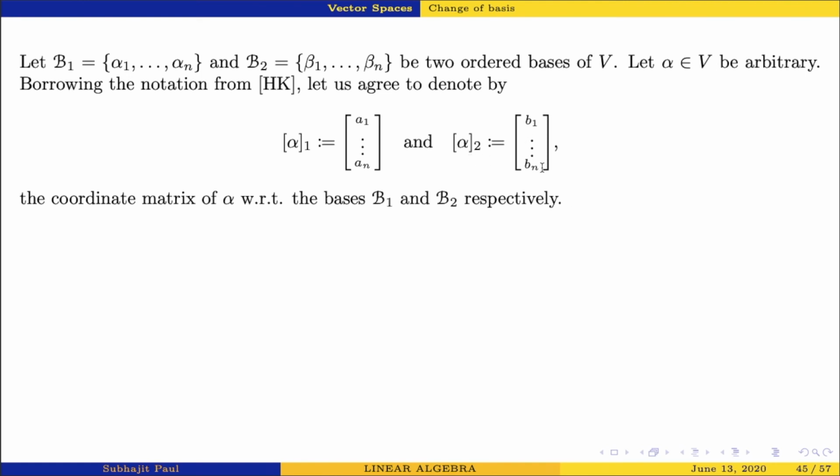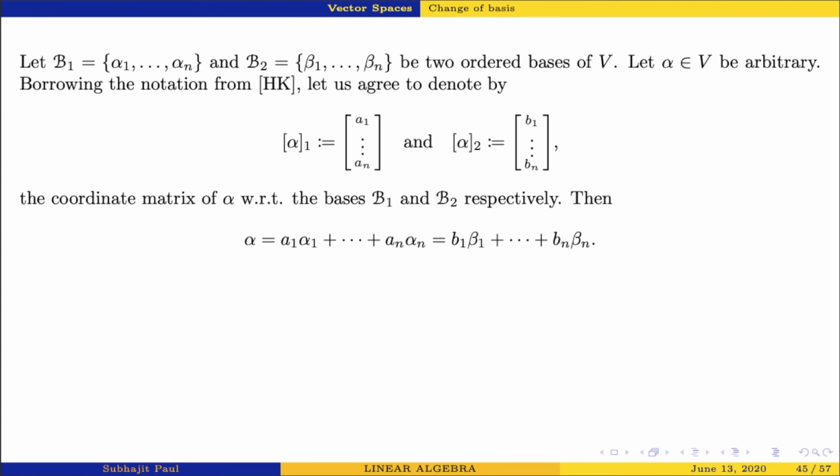Then alpha will be a1 alpha 1 plus a2 alpha 2 up to an alpha n, and it will be the same as b1 beta 1 plus b2 beta 2 up to bn beta n. That is how we defined the coordinates in the last section.